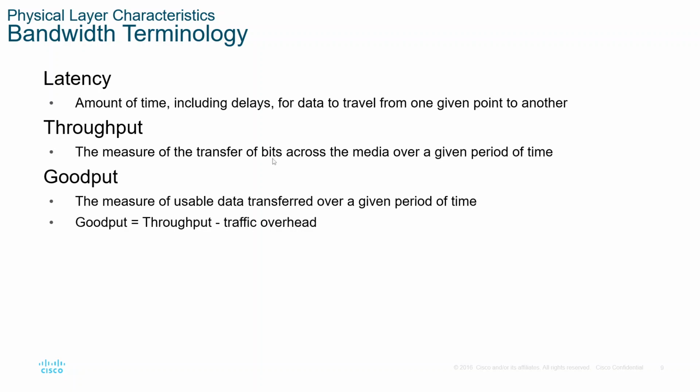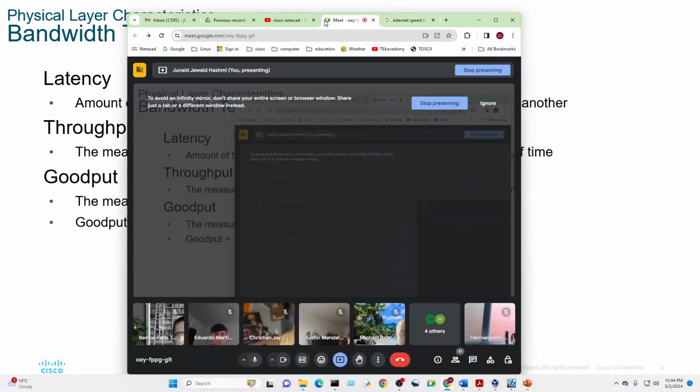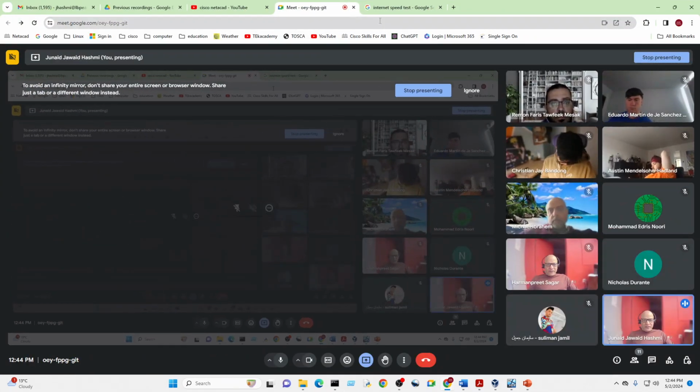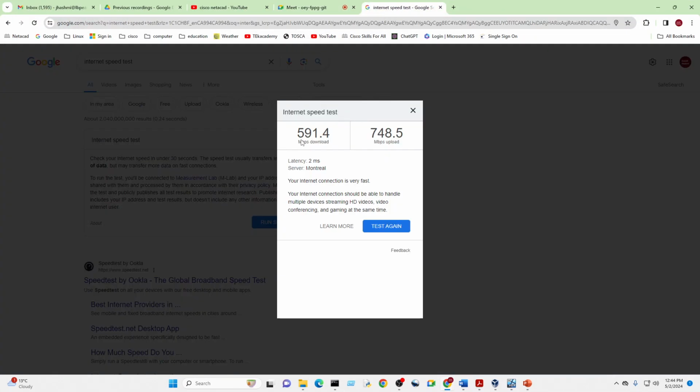It's just how much we are receiving right now. So the bandwidth could be 1 gig per second, but your real throughput, the measure of the transfer of bits across the media over a given period of time, is only this. I know for a fact that the school board has a 1 gigabit per second internet connection, but you see, right now I'm not getting 100 megabits per second.